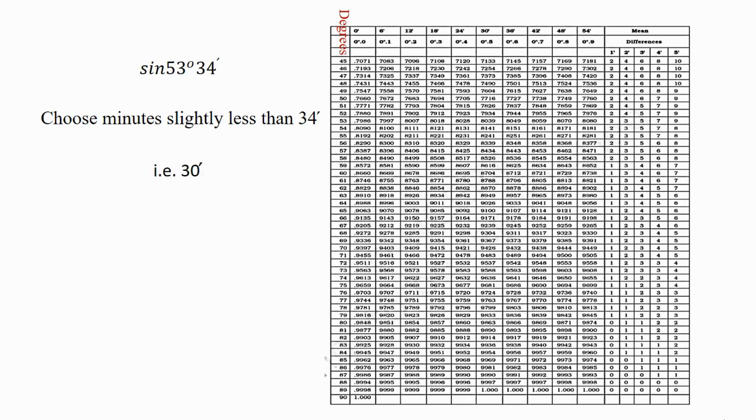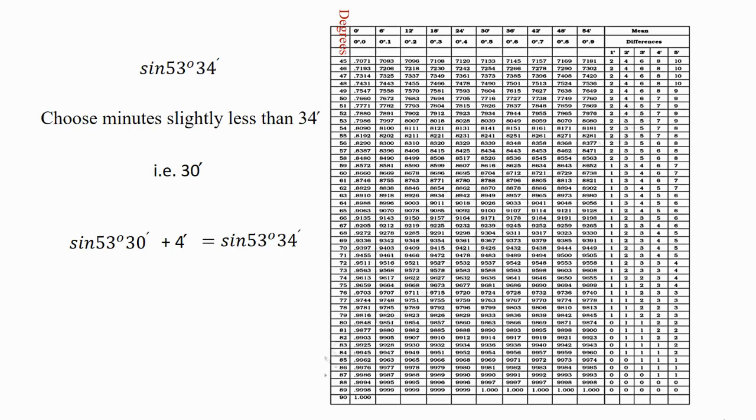In the given table, 30 minutes is slightly less than 34 minutes. So I write the angle as sine 53 degree 30 minutes. But still my requirement is sine 53 degree 34 minutes. So I need to add 4 more minutes from the mean difference, so that it gives me the required angle of sine 53 degree 34 minutes.